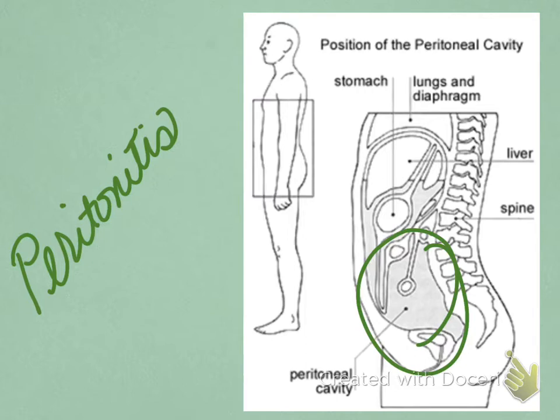So obviously if the appendix ruptures or you have a gangrenous appendix, bacteria is entering into that sterile cavity. Any other type of abdominal surgery, patients who have peritoneal dialysis, a stab wound, a gunshot, really anything that can promote bacteria into that peritoneal cavity puts you at risk for peritonitis.